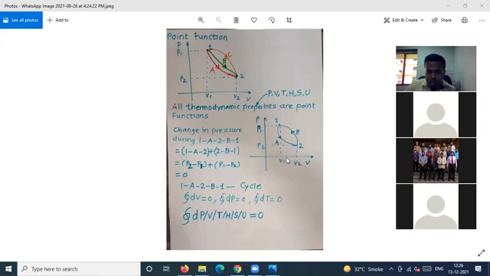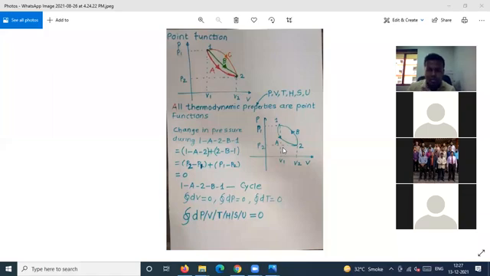Again, V2 got decreased to V1. So during 1 to 2, volume got increased from V1 to V2, and from 2 to 1, volume got decreased from V2 to V1 back. So what is the change in volume now? It's again 0. So whether you take change in pressure or change in volume, for a cycle it is 0.